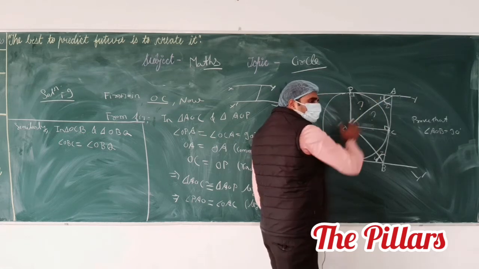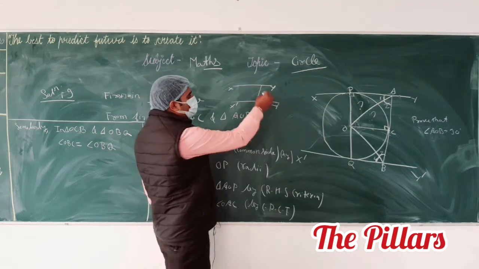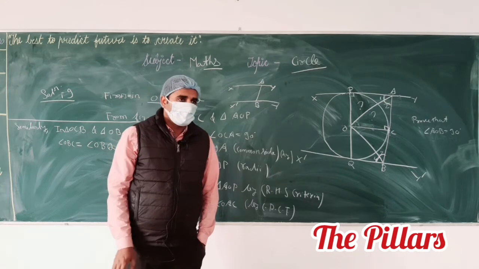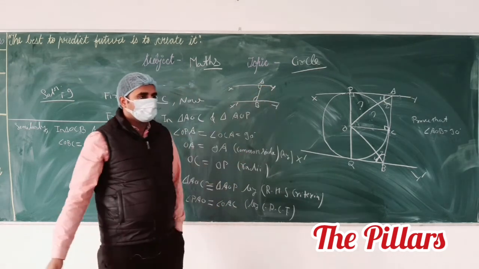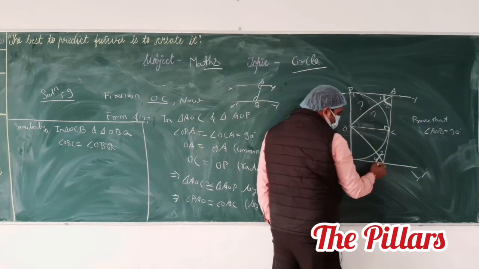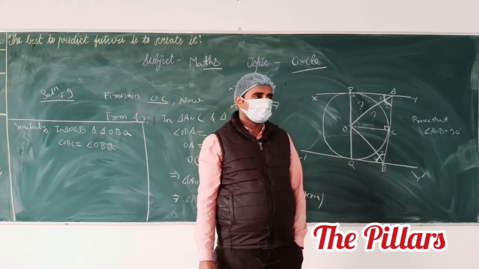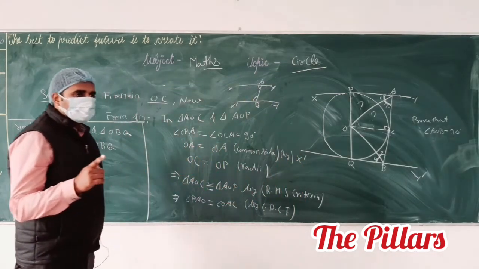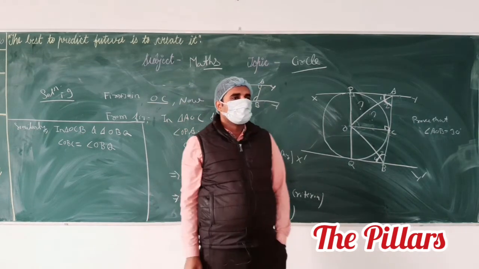You see that XY and X dash Y dash are two parallel lines and AB is the transversal. You know that the sum of two interior angles, so these are the interior angles or not? Angle PAB plus angle QBA, these are two interior angles or not? The sum of consecutive interior angles is 180 degrees.